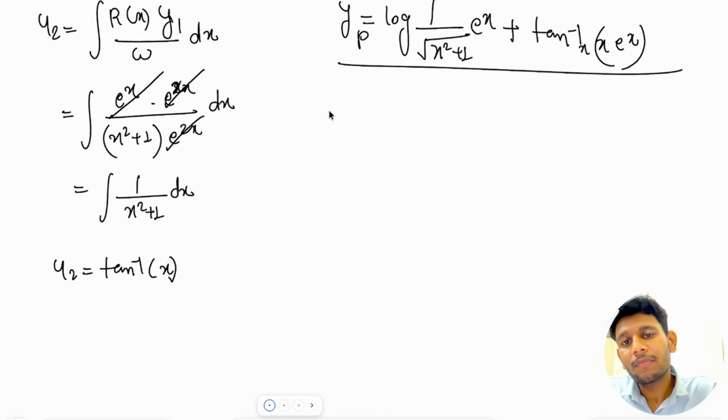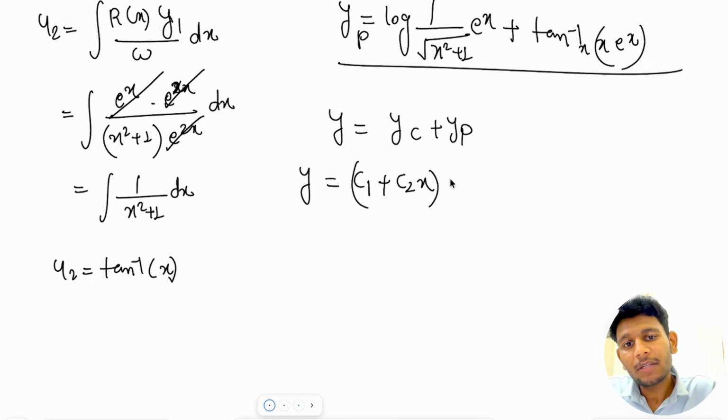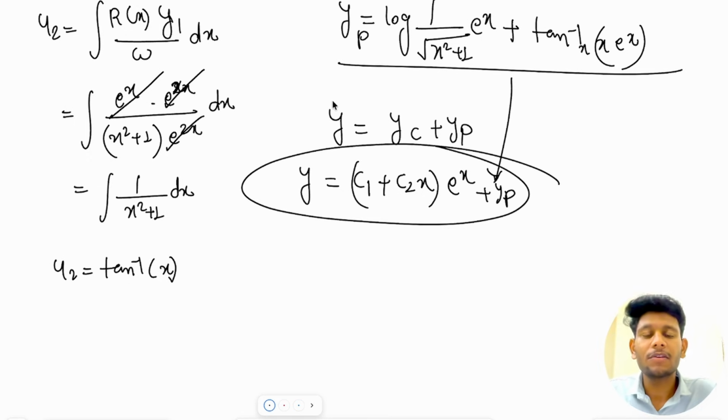This is your yp. What is your y? That is yc plus yp. So your y is equal to yc, which was c1 plus c2 x e to the power x, and then you write this yp here. This will be your general solution.